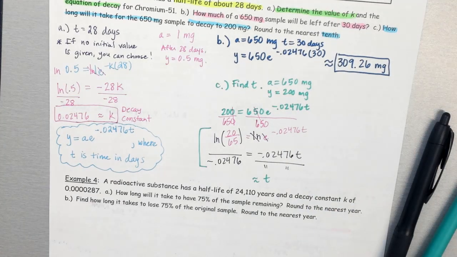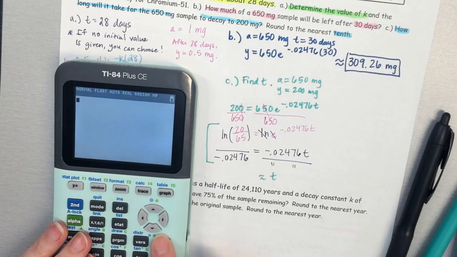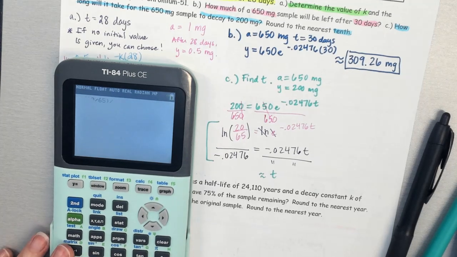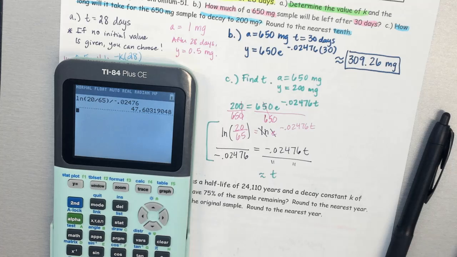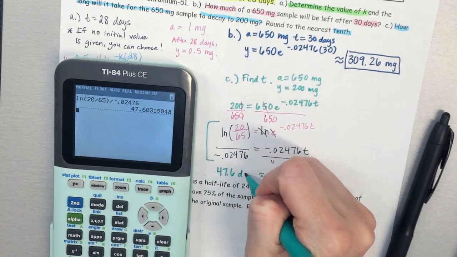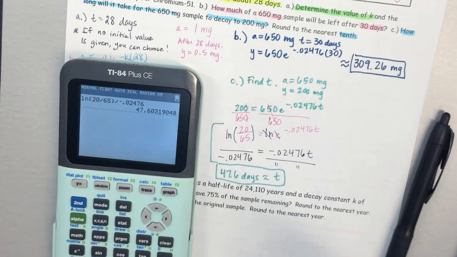Good. You don't even have to reduce that at all. Again, the reason why I do that is so that I don't have to write out as much. Okay, so this is going to be 47.6 days. That is going to be your value for T.